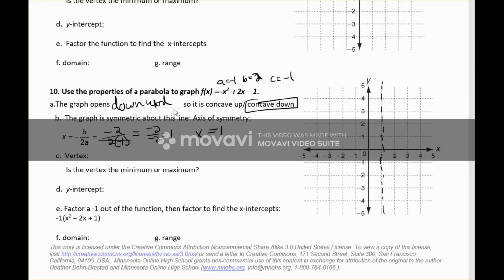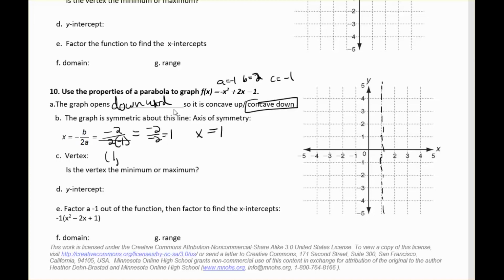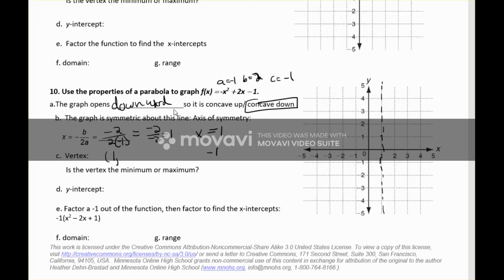So the vertex will have 1 for the x value, and to find the y value of the vertex, I plug 1 into my function. So it would be negative 1 squared, because see, we have a negative and then 1 squared, plus 2 times 1 minus 1.